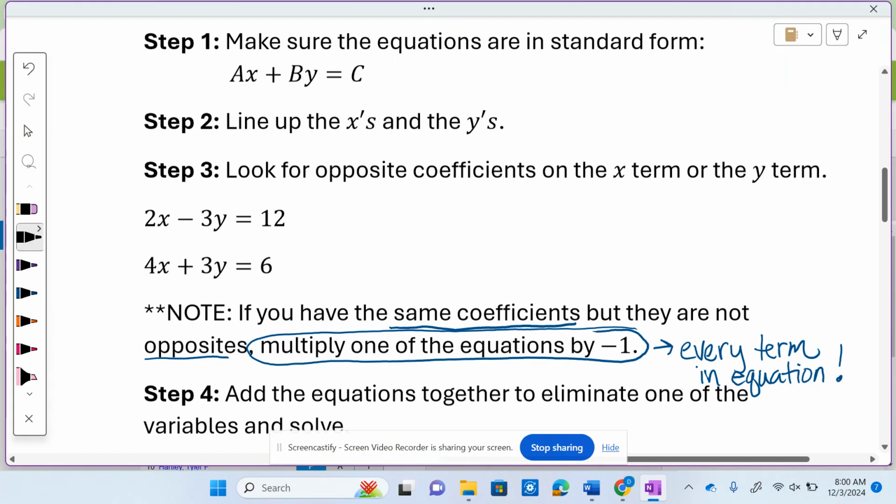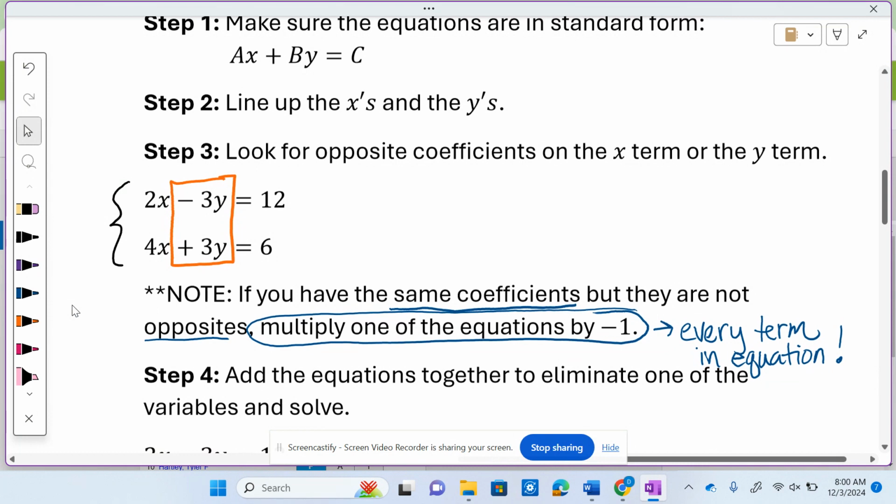So when I look at this system right here, do you see opposite coefficients? Well, I do. I have a -3y and a +3y. Do you see what I'm talking about? Okay.